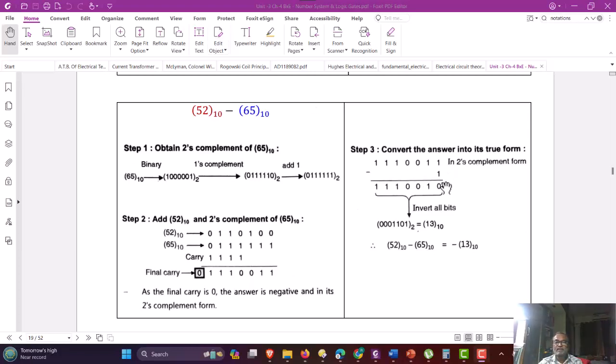So we have subtracted 1 from the 2's complement, which is the answer. We got the 1's complement and we will invert the bits of this 1's complement.